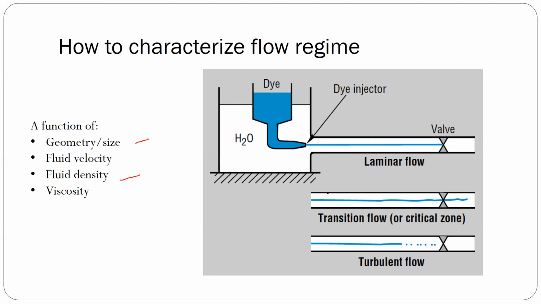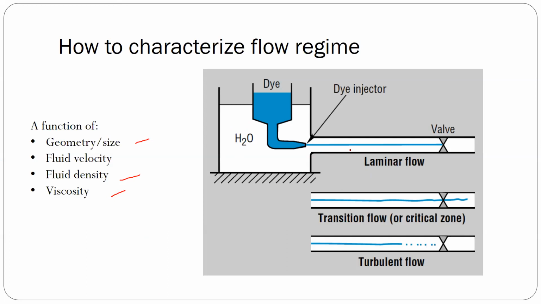Well, maybe except if we can vary the temperature, but in this case, let's hold the density constant. What else? Viscosity. It's the same with density. You can hold that as constant kasi water lang naman yan. Again, maybe by varying the temperature, you can change the viscosity.